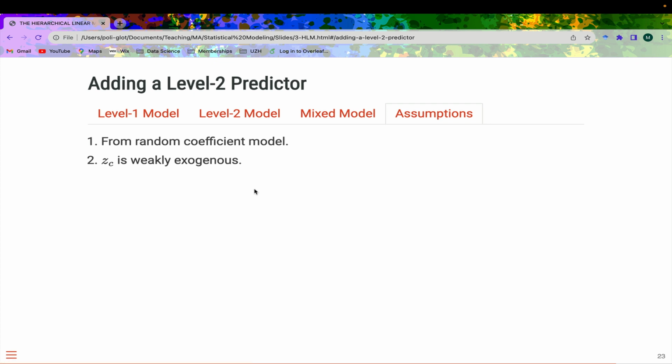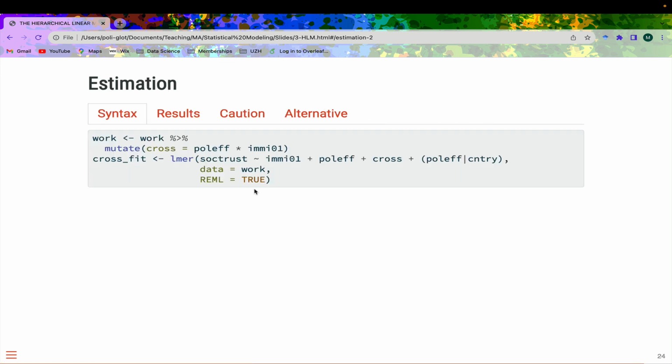So let's see what happens if we do this now in an analysis. I'm creating here the interaction between pole F and IMI01, and then I'm going to expand my model.